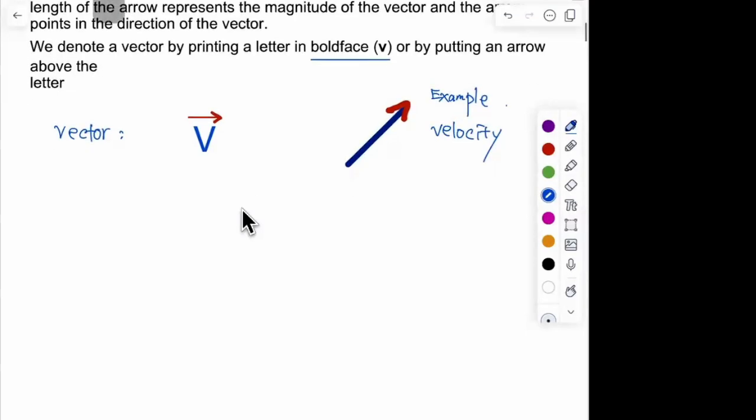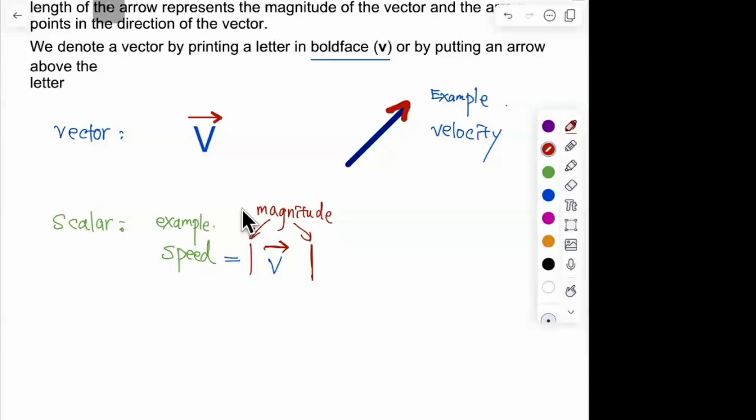Now, different from a vector, we call that a scalar. What's a scalar? A scalar could be, for example, speed. Speed is related to velocity as the magnitude of the velocity. The absolute value here stands for the magnitude.